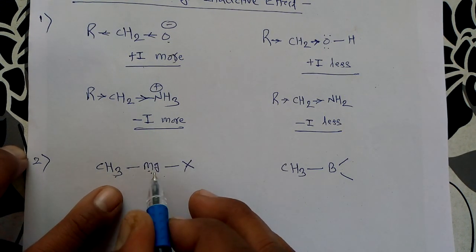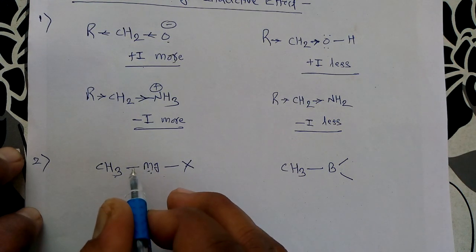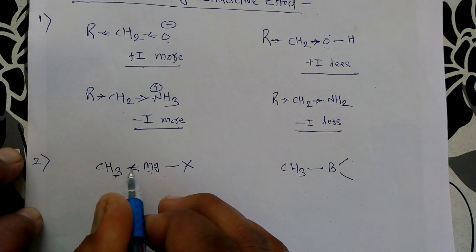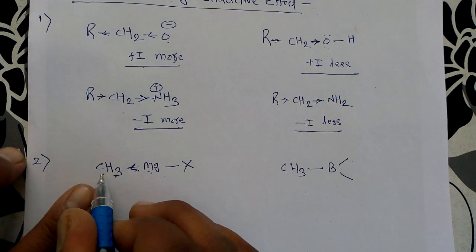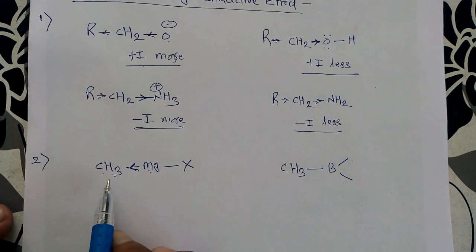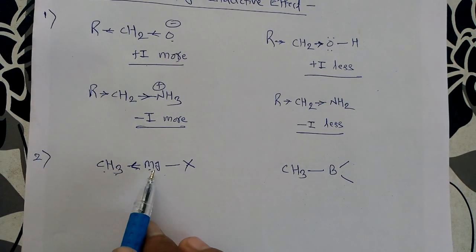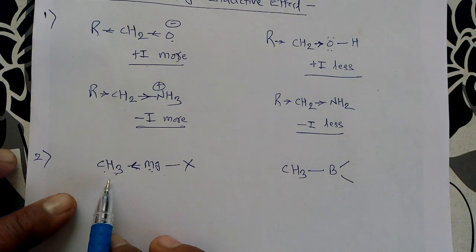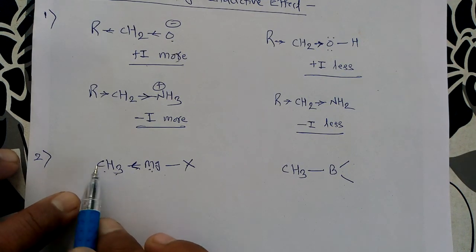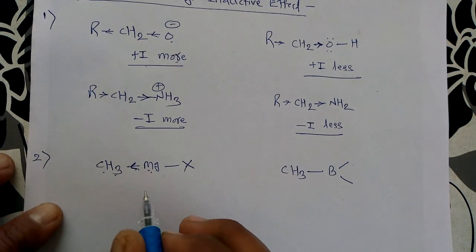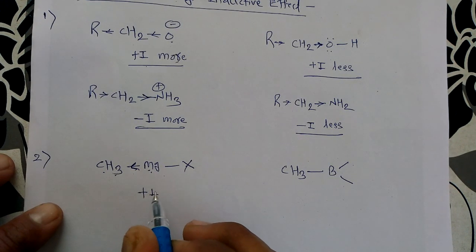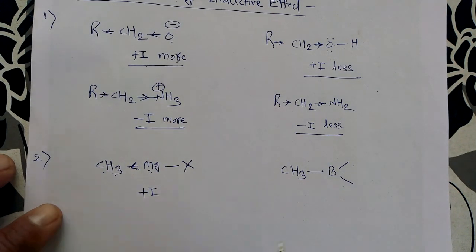We know that this magnesium has less electronegativity, that's why the electron density gets shifted towards the carbon, and there is an increase in electron density around the carbon atom. So this effect is called the plus I inductive effect.